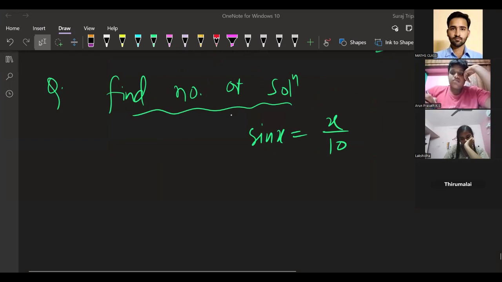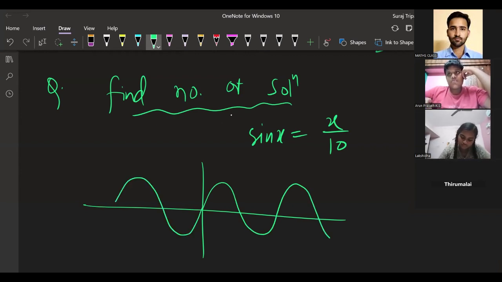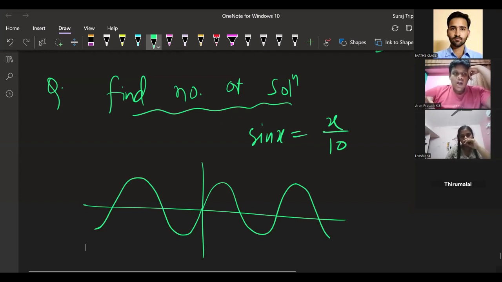So the graph of y equals to sin x is this one, right? Got it? How many intersections will be there? One solution that is zero. Only one solution.